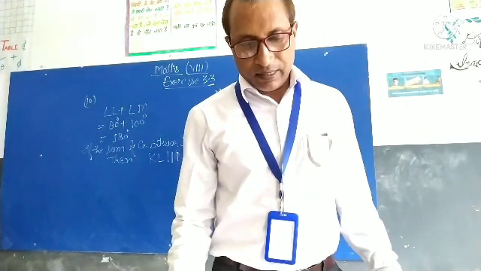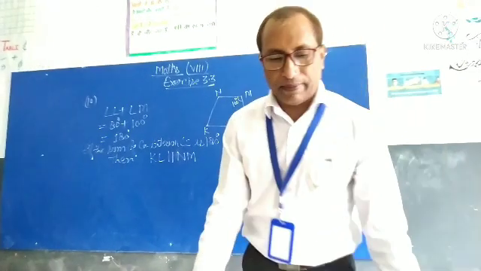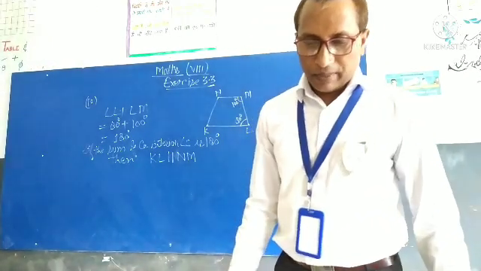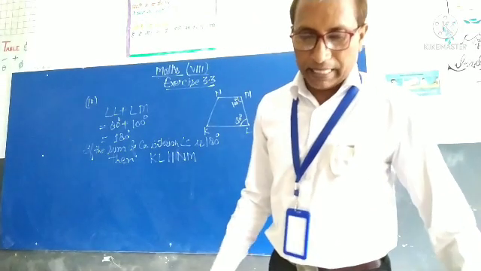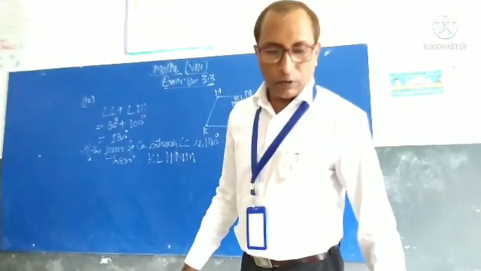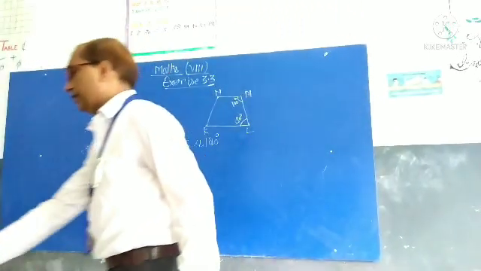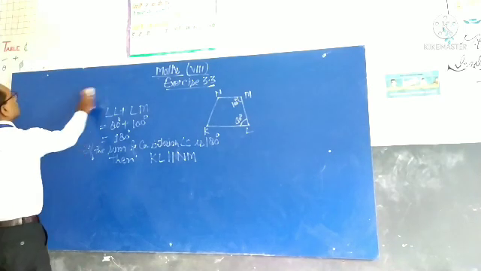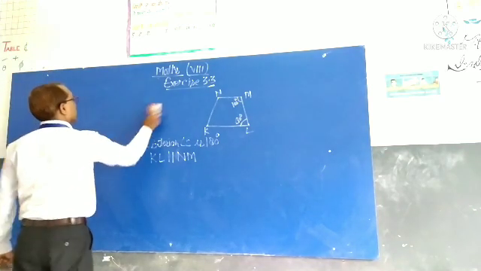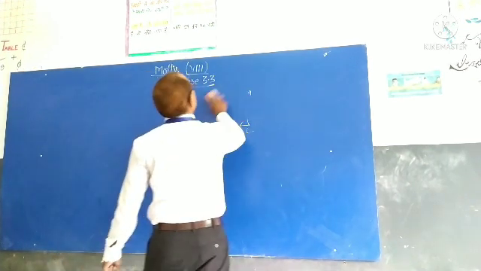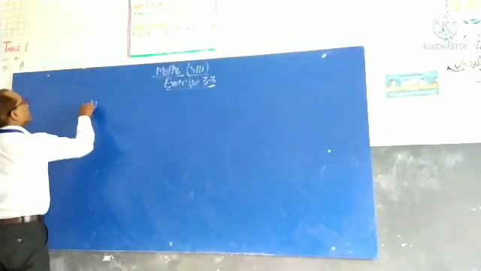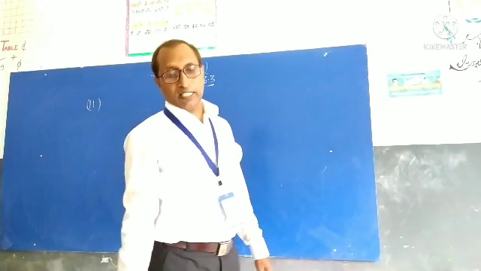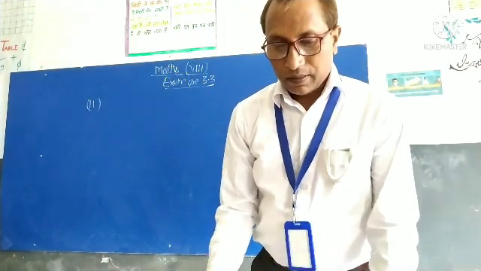Question number 11. Find the measurement of angle C in figure 3.33 if AB is parallel to DC. You find out the angle C. Question number 11. Your figure is this.